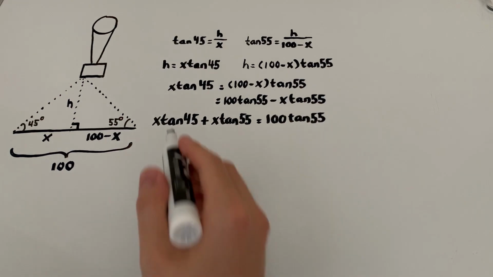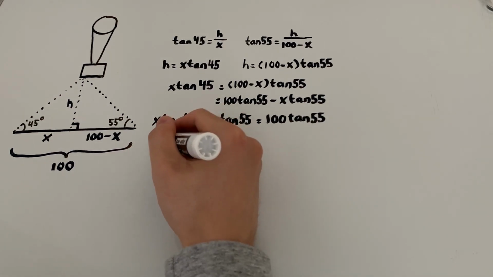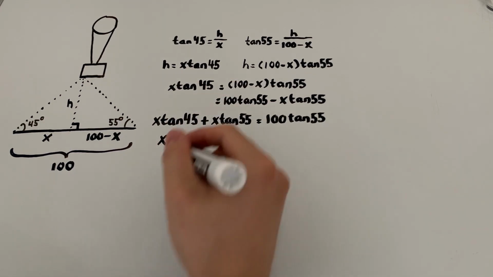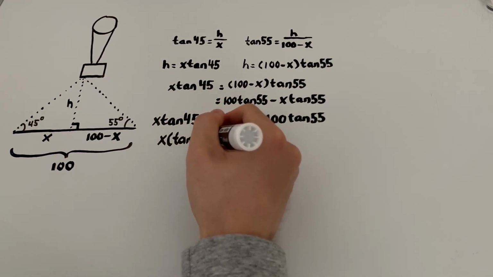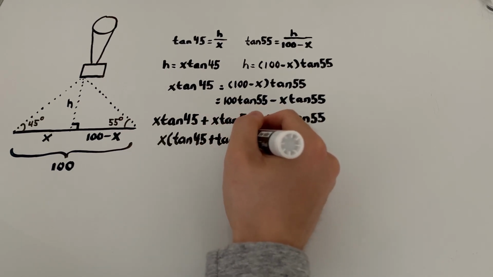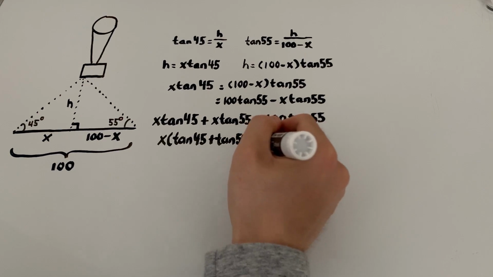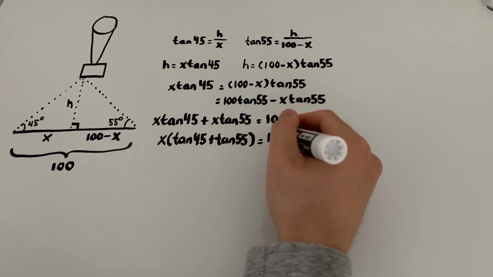Let's pull out a common factor of x. So just basic factoring. Put these in brackets. Equals 100 times tangent 55.